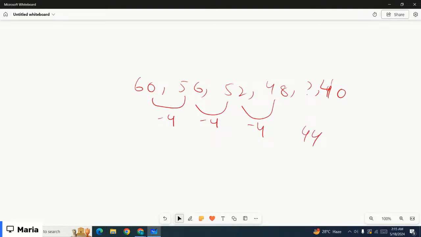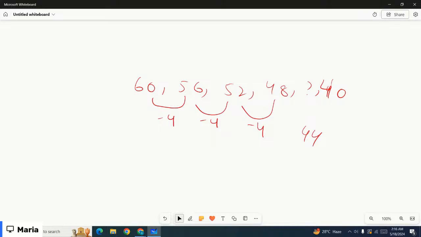So the missing one is 44, right? The correct option is 44. The missing number is 44, right?